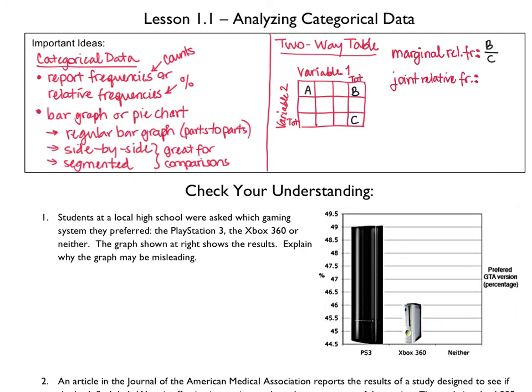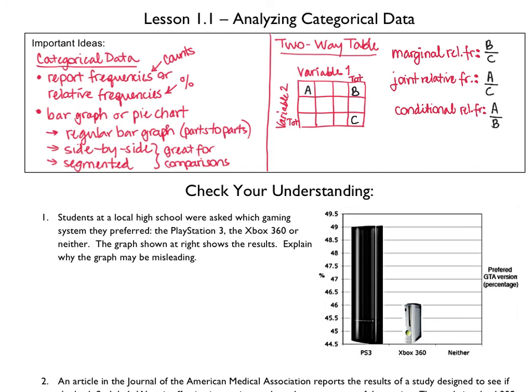We can calculate the joint relative frequency by having a particular cell value divided by the grand total. And we can calculate a conditional relative frequency by having the denominator switch to either a row total or a column total. That's what we call the condition. So an example of that would be A over B.